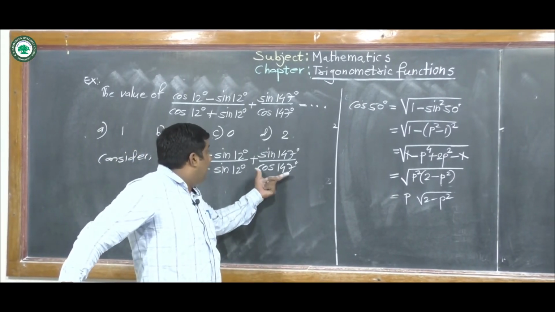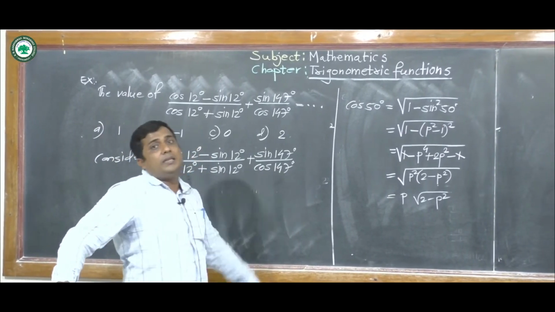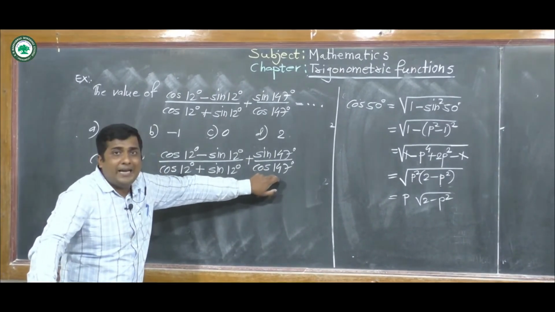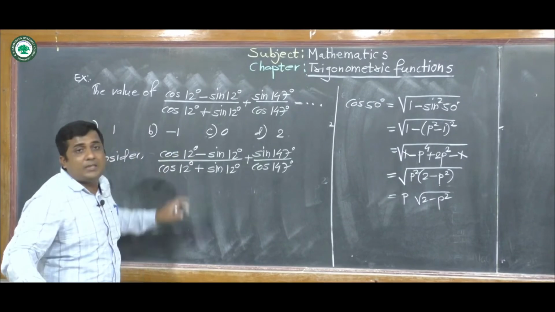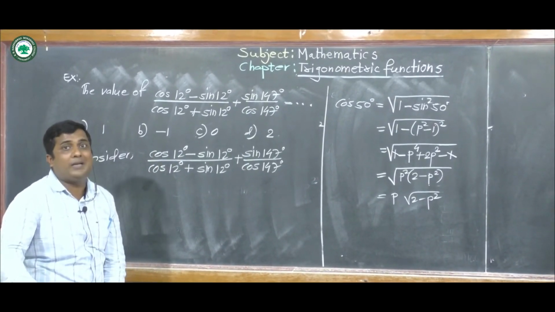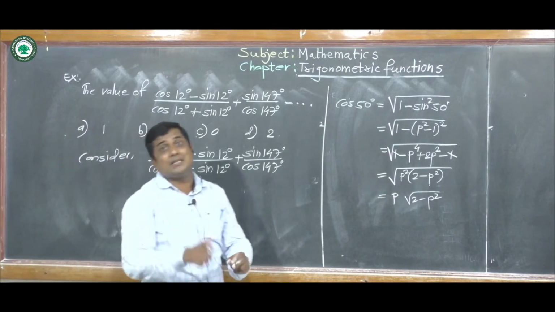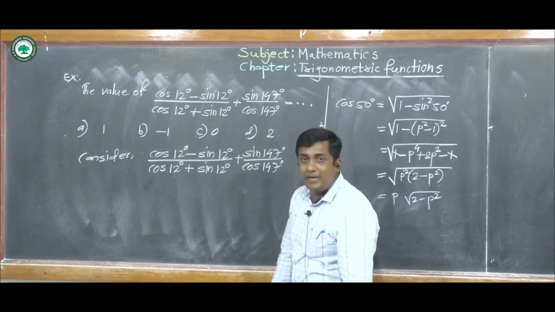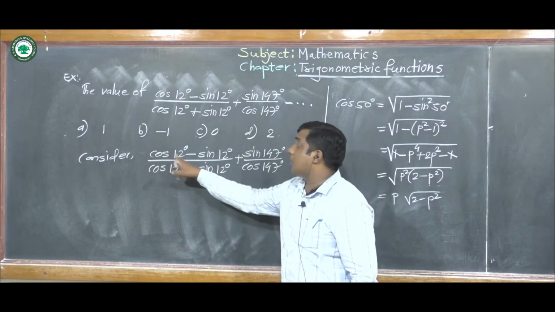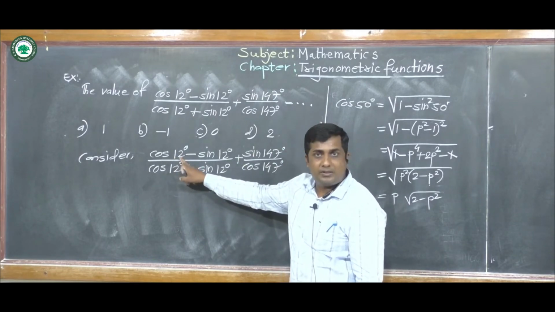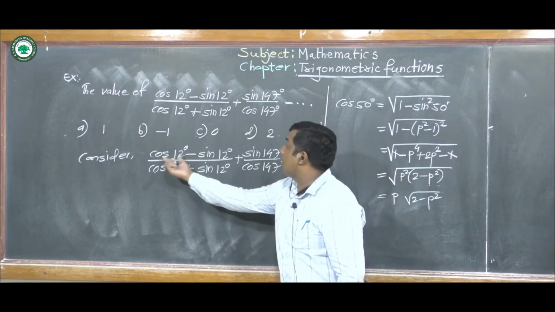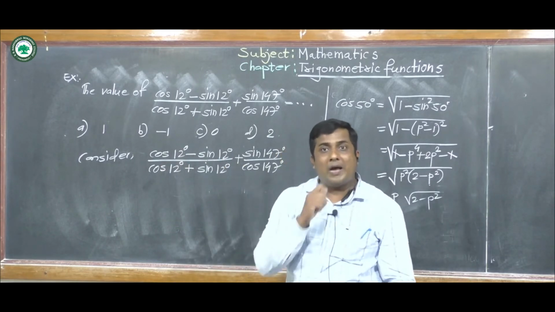The first expression we convert in the form of tan, dividing numerator and denominator both by cos of 12 degree. Sine 12 upon cos 12 is tan of 12 degree.